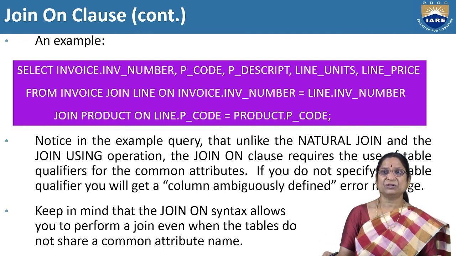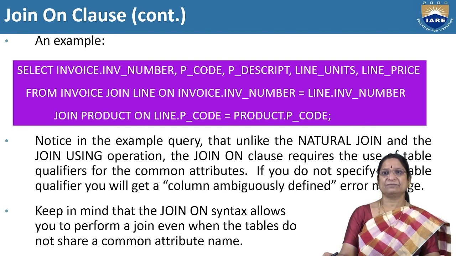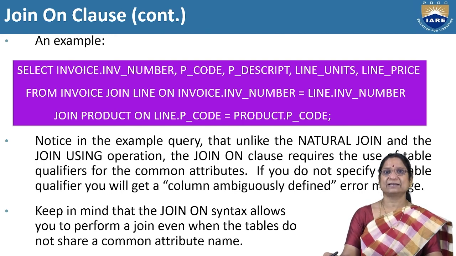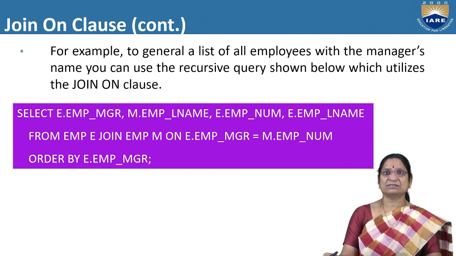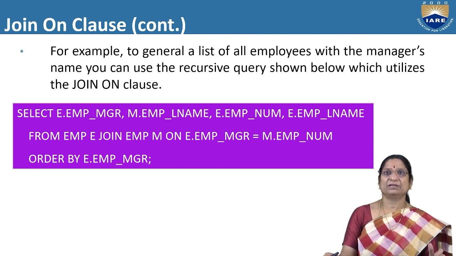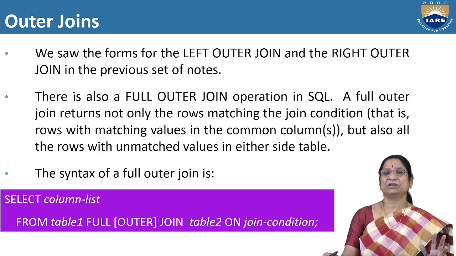In this example of the query, natural join and join using operations are going to be used if the common attribute is there. Otherwise, the join on syntax can also be used. So the join on clause is going to be used wherever the condition is, whether it may be a common attribute or it may not be a common attribute.